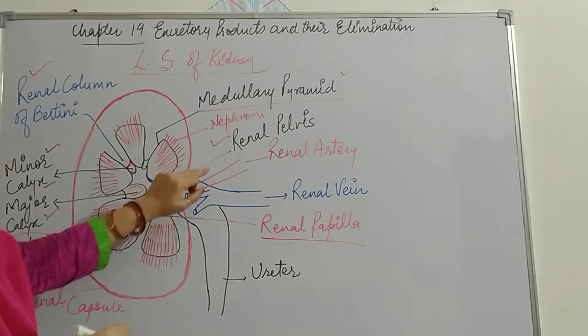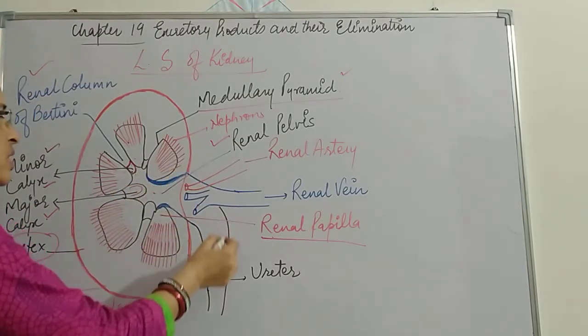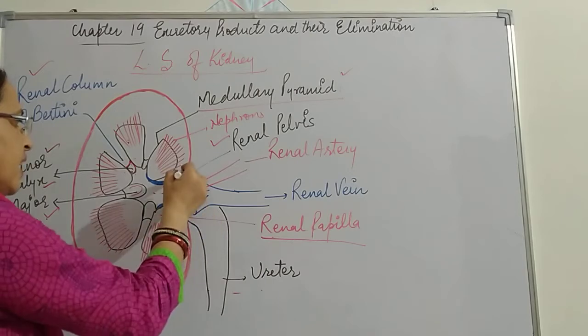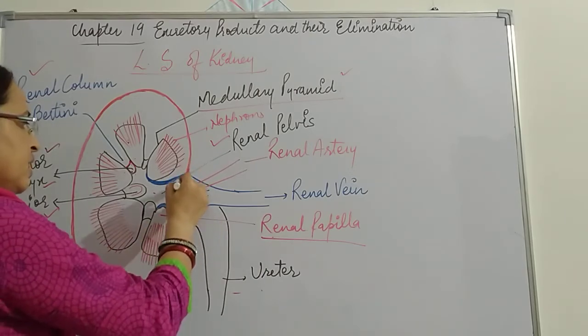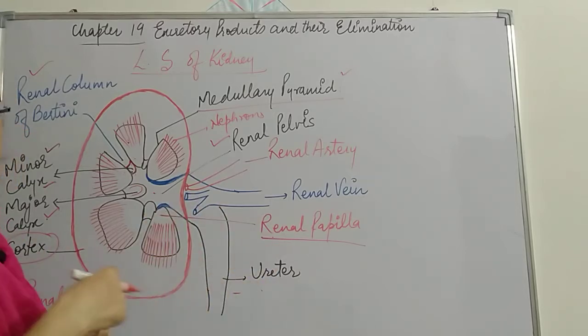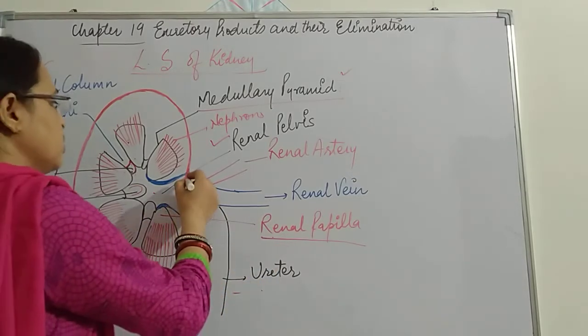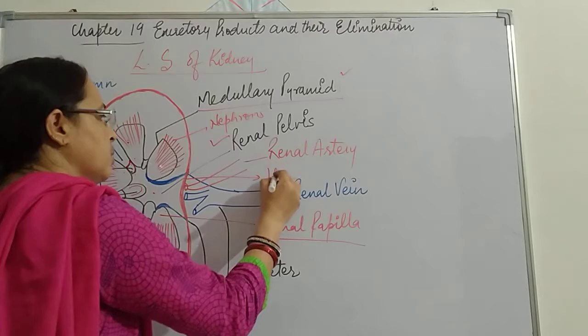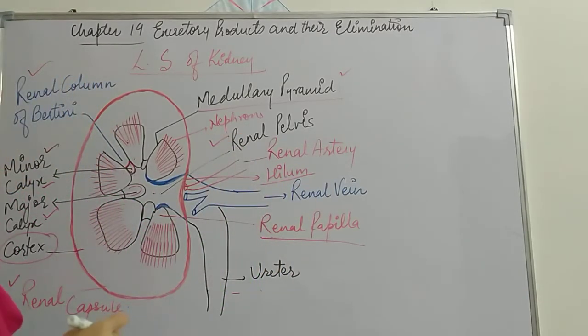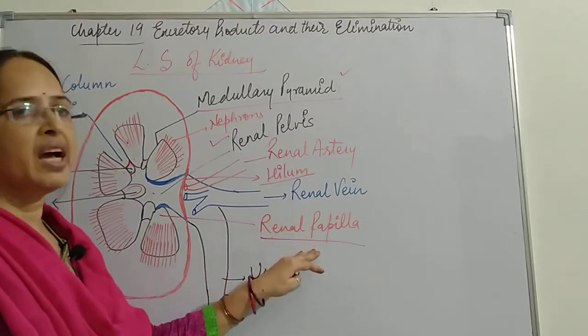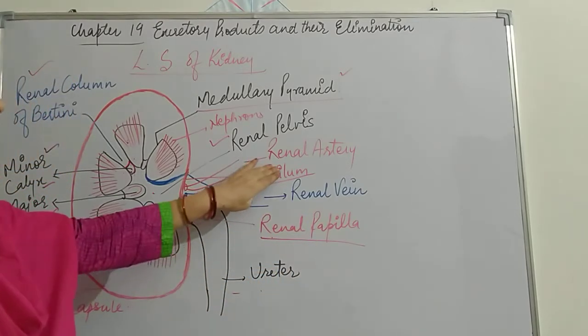The renal pelvis opens out into the ureter, and this curved line of the kidney through which the ureter comes out is called the hilum. Now here you can see the renal vein and renal artery.